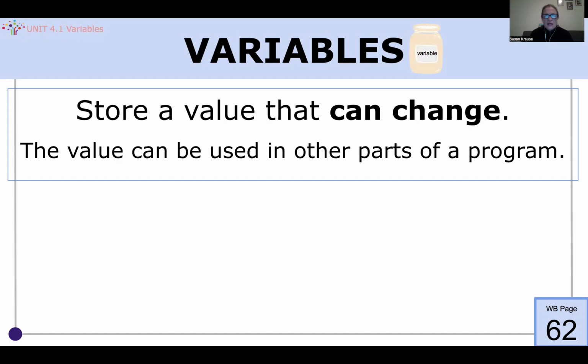So let's say that in a game, I have a variable called name. And when I start, the game asks me to enter my name. And I type in my name, Sue. Now the variable name holds the value Sue.